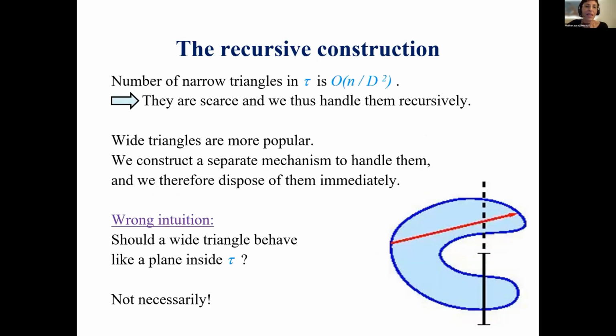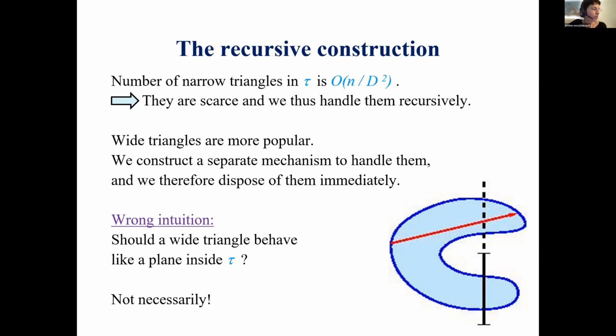And then we do the following. The number of narrow triangles in tau can be charged to the edges, and therefore it is only order of n over D^2, which implies that they are scarce and we can handle them recursively. On the other hand, the wide triangles are more popular, and we need to construct a separate mechanism to handle them and dispose of them immediately.